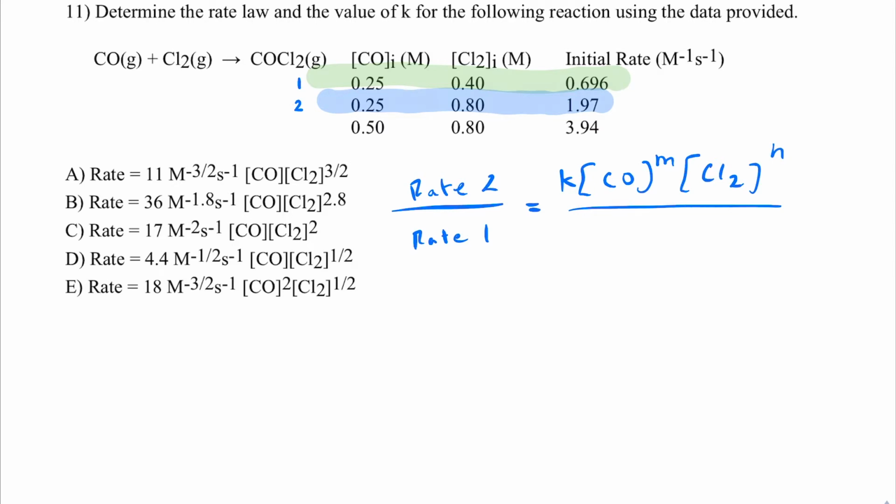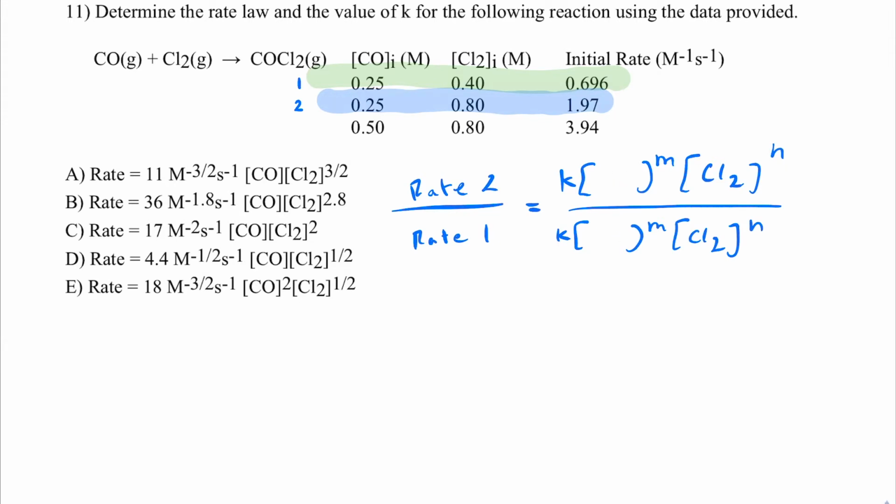And that's going to be the same for both of them, right? So that's going to be k as well, and that's going to have the same overall setup. So it's going to be CO to the m, and Cl2 to the n, because they have the same orders. The only thing that's going to change is the concentrations that I add inside of them. So let's fix those.